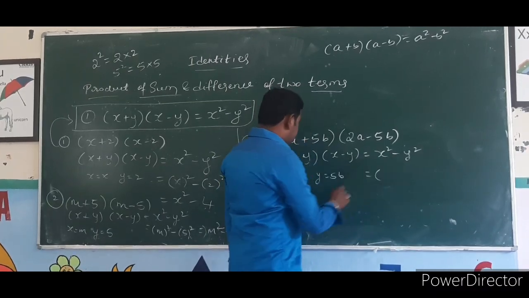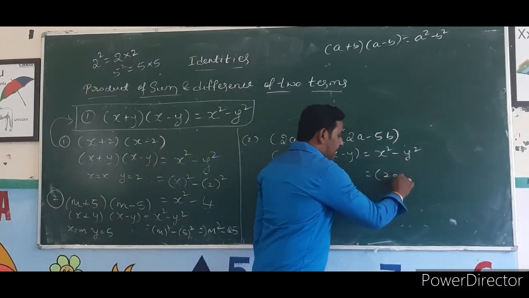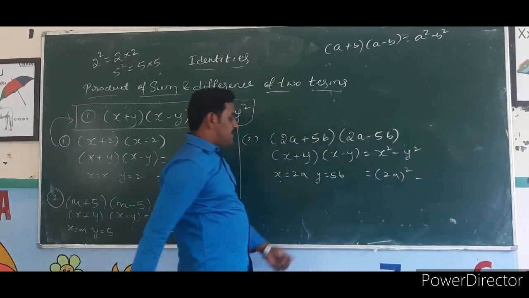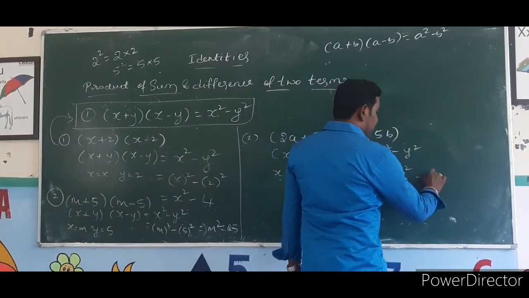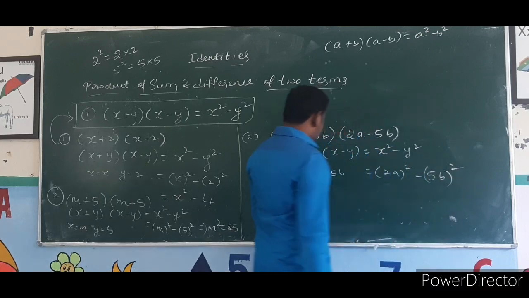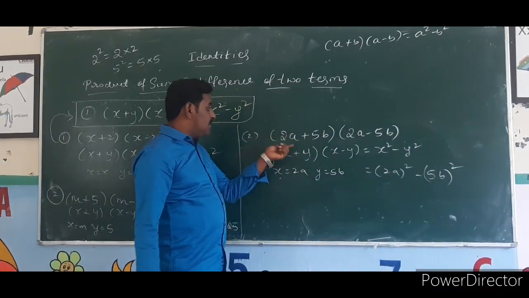In the place of x, that is (2a)² minus, in the place of y, (5b)². You have to write the full term.